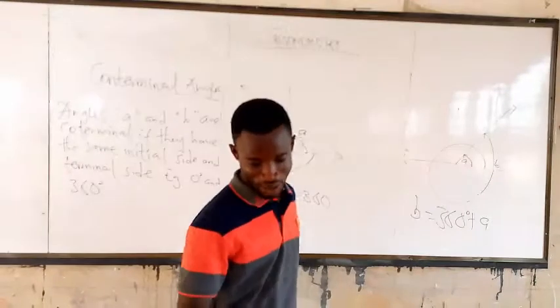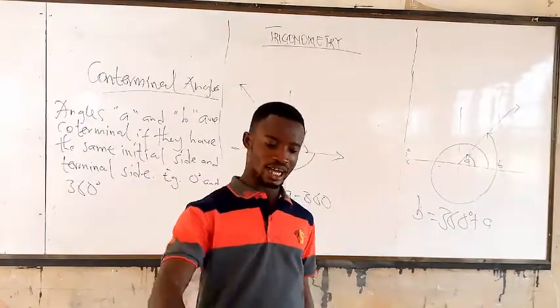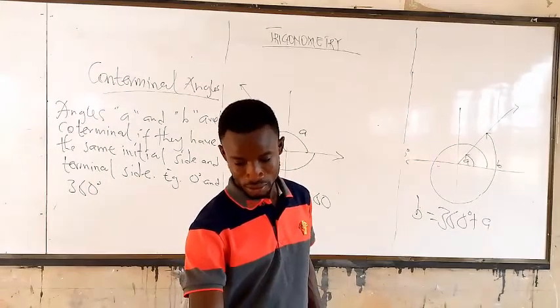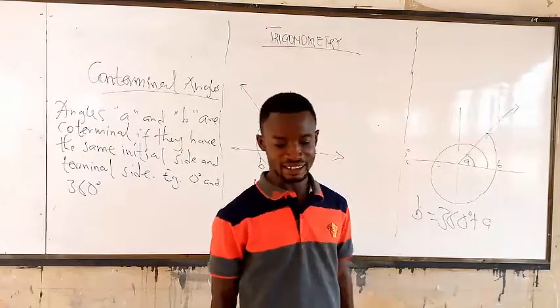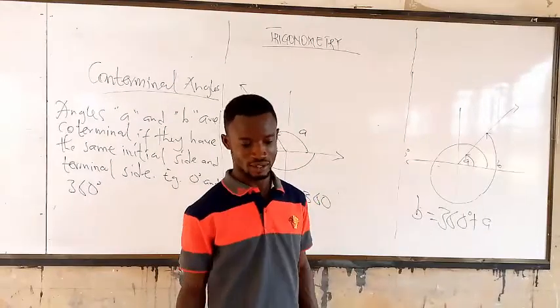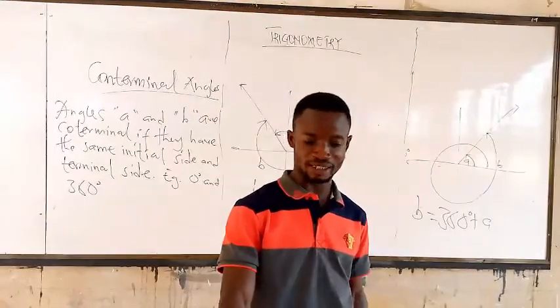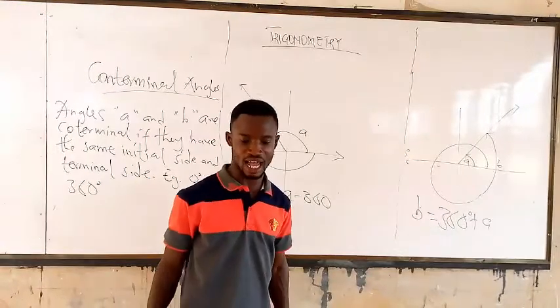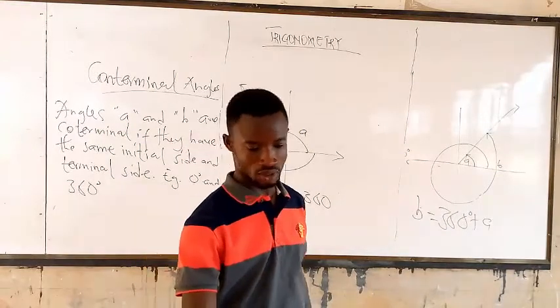Good. So let's look at our first example. Find the complement and the supplement of the following angles, if possible.